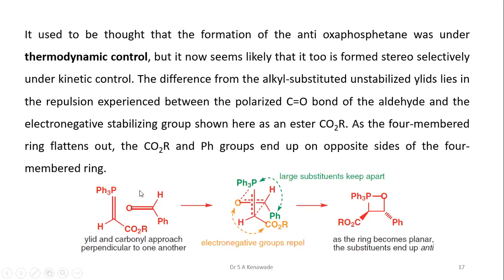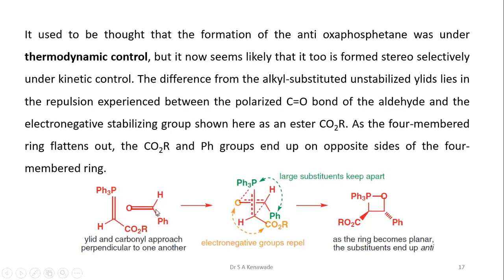If you can see the mechanism here, this is your ylide. When phosphorus and carbon show a double bond, sometimes phosphorus and carbon show a single bond. With the charge, phosphorus becomes positive and carbon becomes negative. Then this bond, PPh3 and your oxygen, this negative charge attacks this carbonyl group.